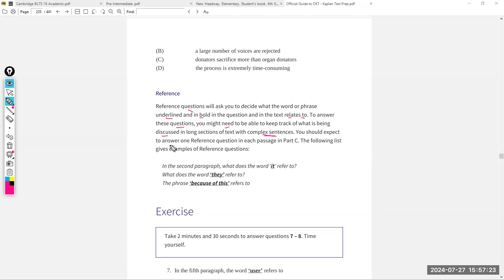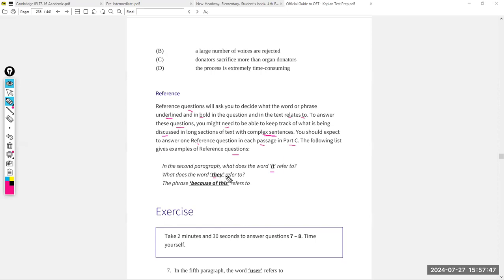So I have to expect to answer one reference question in each passage in part C. So now a certain question about vocab and a certain question about reference. Now, the following list gives examples about reference questions. In the second paragraph, for example, what does the word it refer to? So we are talking about pronouns.